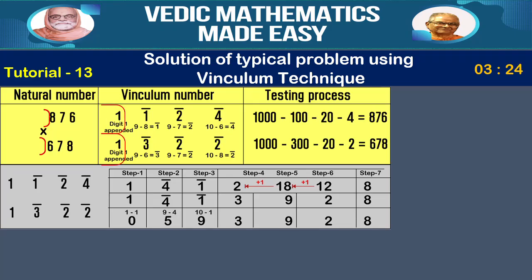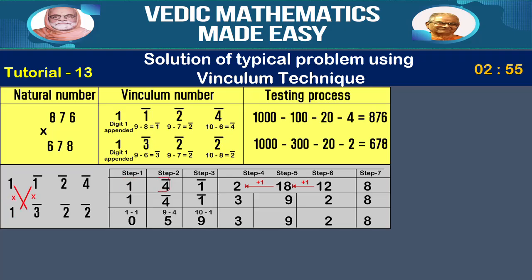But notice that the given 3-digit natural numbers are transformed into 4-digit vinculum numbers. Doesn't matter, friends, because all digits are small and it is very easy to get step values at each step easily. Step 1 we get 1.